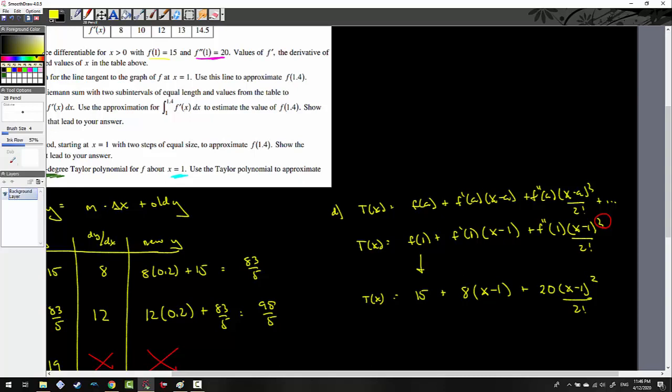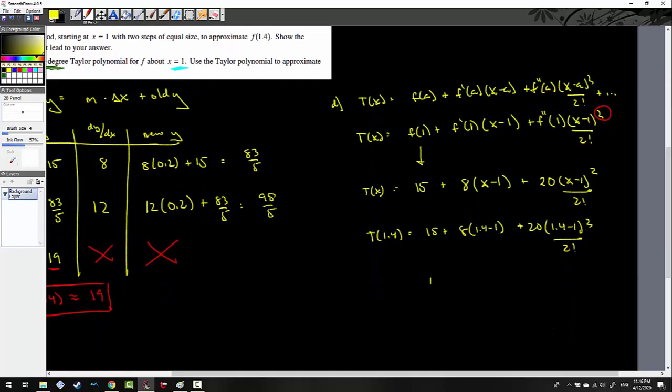Well, here's the thing. This is the Taylor approximation anywhere on the function. But in this case, we don't want the approximation anywhere. We want the Taylor polynomial at 1.4. So that's going to be 15 plus 8 times (1.4 minus 1) plus 20 times (1.4 minus 1) squared over 2 factorial.